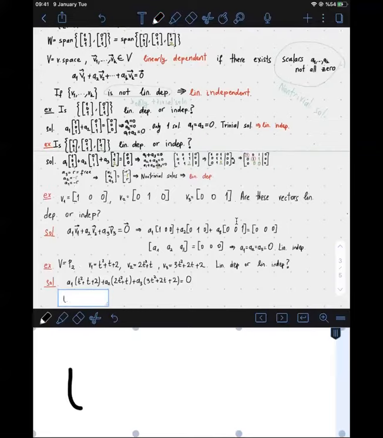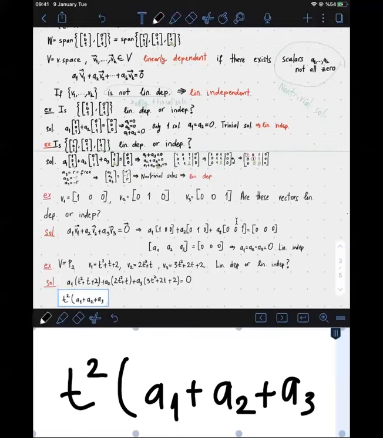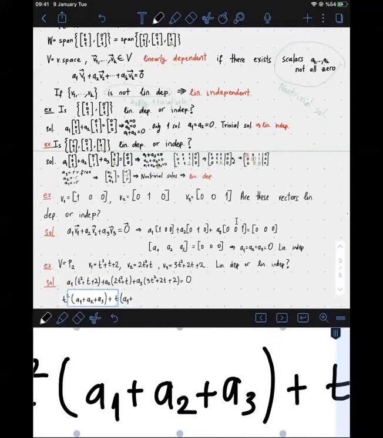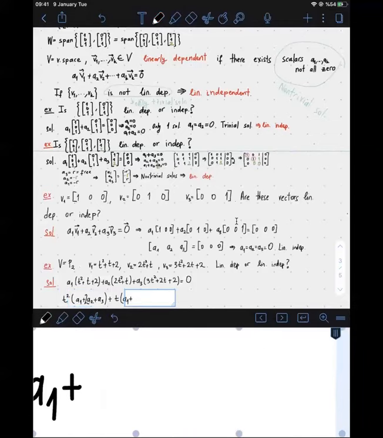So in t squared parentheses, we have a1 plus a2 plus a3. Okay. In t parentheses, what do I have? I have a1 plus, oh, I forgot 2, right? I forgot 2 here. A1 plus a2 plus 2a3.